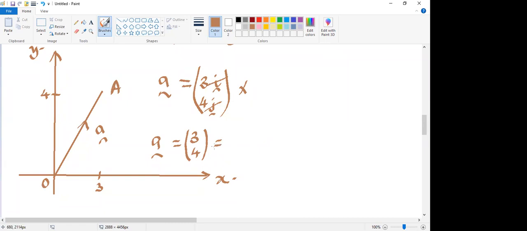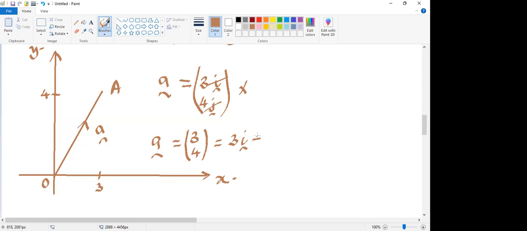Unit vectors I and J. Can someone talk to me about writing it in terms of I and J? Rina? 3I plus 4J.